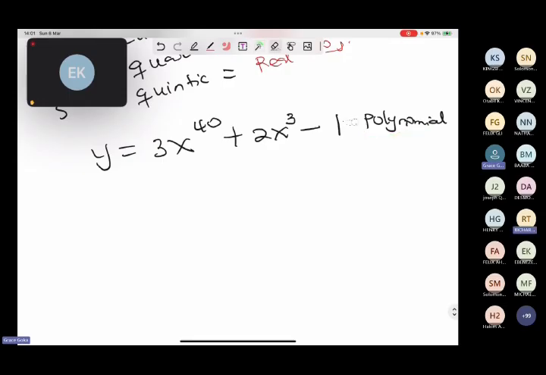So in exams, you might meet something of this form: y is equal to 3x to the power 40 plus 2x to the power 3 minus 1, representing the rate of growth of maybe bacteria, maybe the rate at which malaria or the coronavirus is spreading within a region.